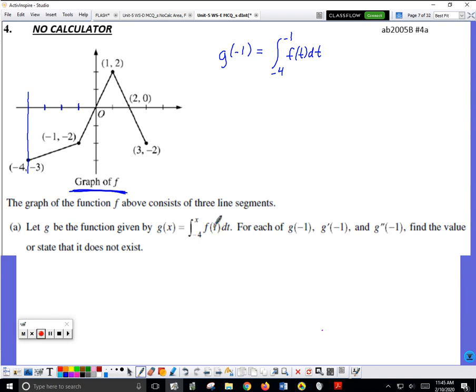This variable represents every value of x from -4 to wherever. So in this situation, this is representing the fact that we're going to plug into this all x values between -4 and -1. The only reason that this isn't an x is because these 2 x values have a different meaning. Like I've often put a z here. They chose t. It means the same thing. This really is a function of x.